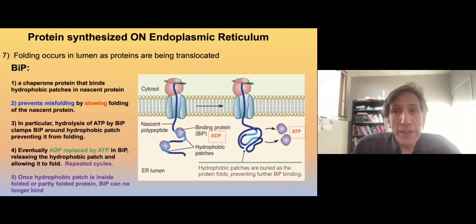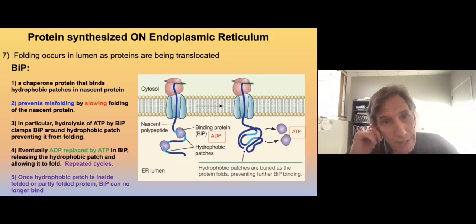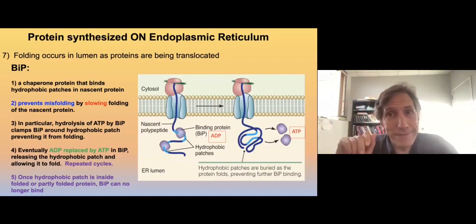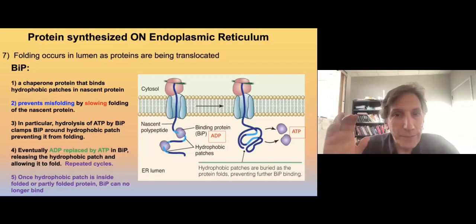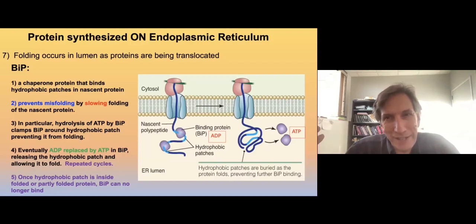So another thing that's happening besides glycosylation is folding of proteins. This is kind of like in mitochondria and not like the peroxisome or the nucleus. The protein is unfolded. If you think about it, it doesn't even exist as a folded protein as it's being made, it's being pushed into the ER.